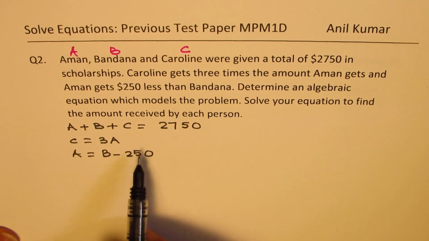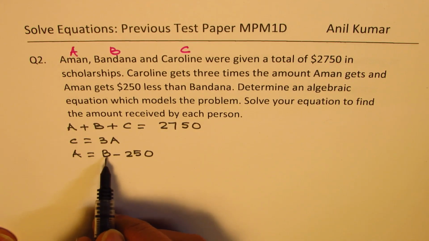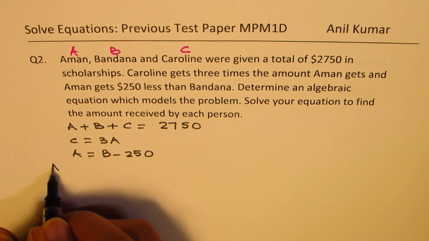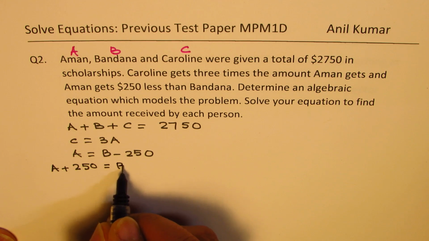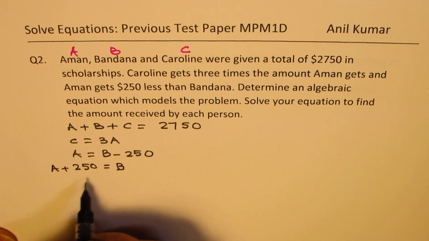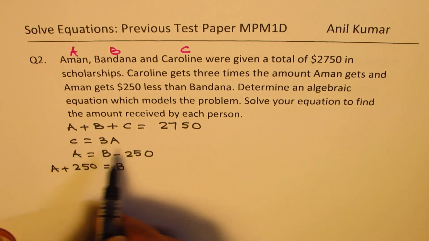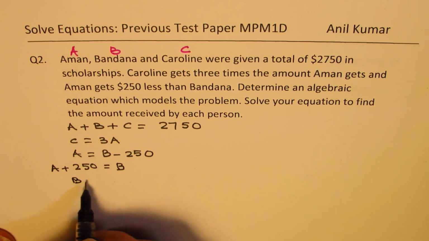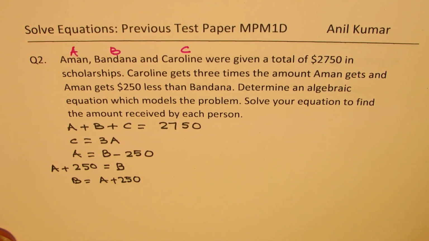I'll prefer to write everything in terms of A. So we can write from here what B is equal to: A plus 250 is equal to B. So basically, I got everything in terms of A. C is 3A, A is A, and B is A plus 250. Does that make sense to you?